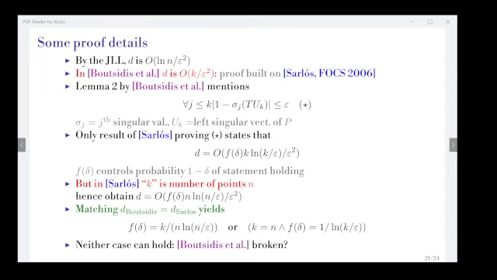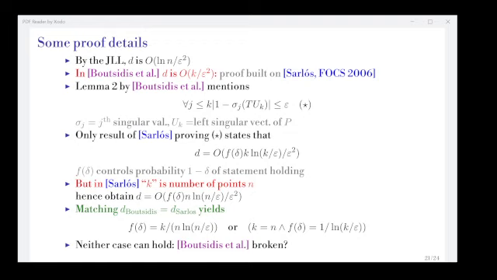All right, so some of the proof details are as follows. By the JLL, D is actually proportional to the logarithm of n, the number of points, okay? But in Boutsidis et al., it turns out that D is proportional to the number of clusters, which is much, much smaller than the number of points. So this is actually very, very interesting and also somewhat unbelievable from my point of view.